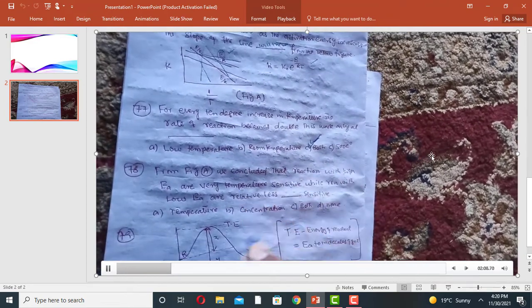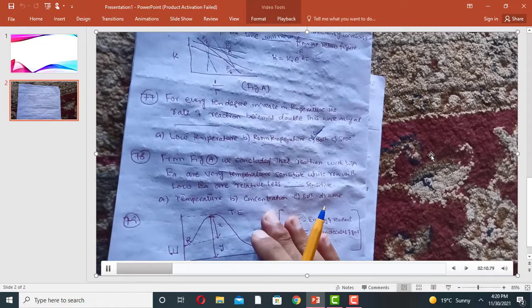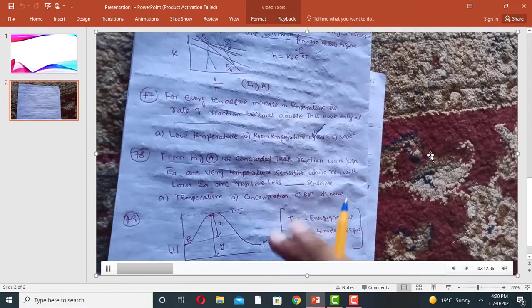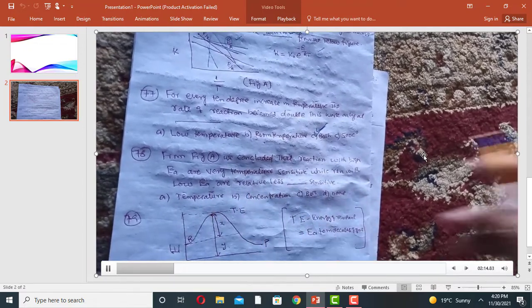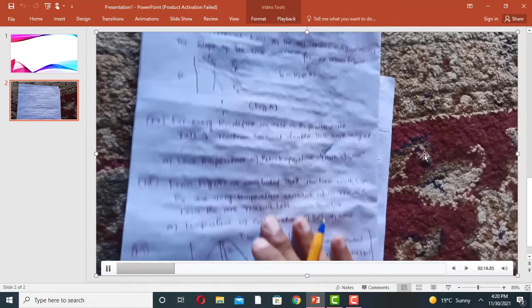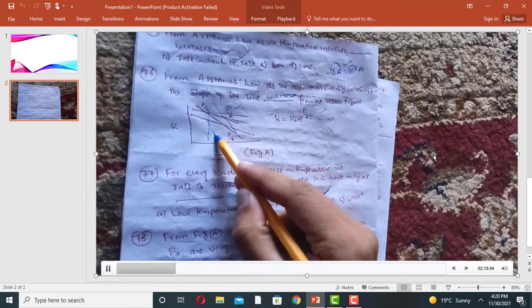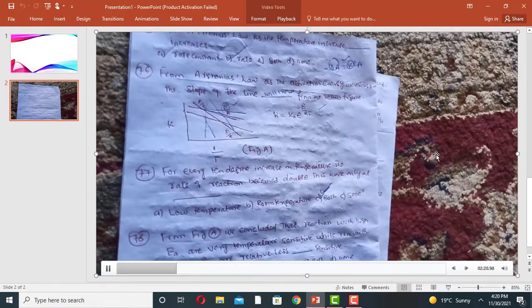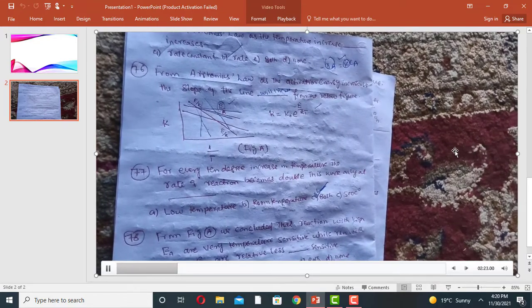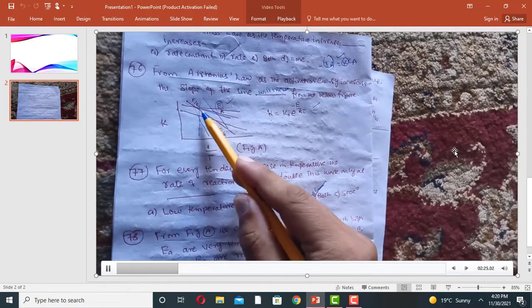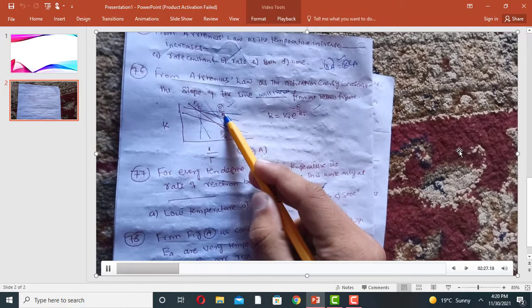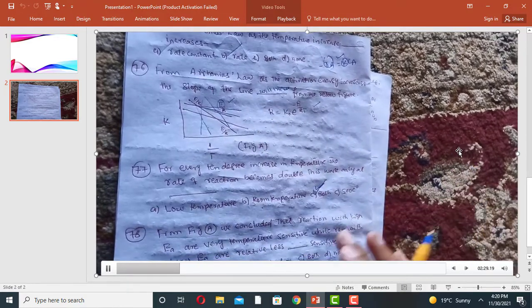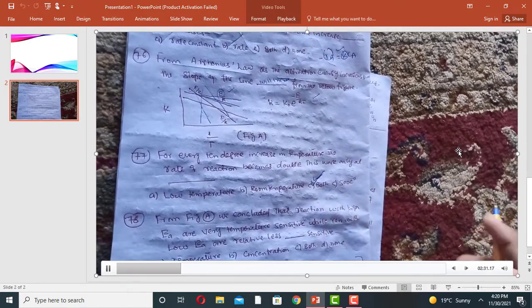From this figure, we conclude that reactions with higher activation energy are very temperature sensitive. This reaction has high activation energy as compared to this reaction, so it is very temperature sensitive.